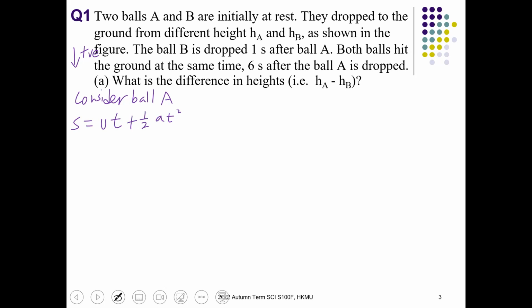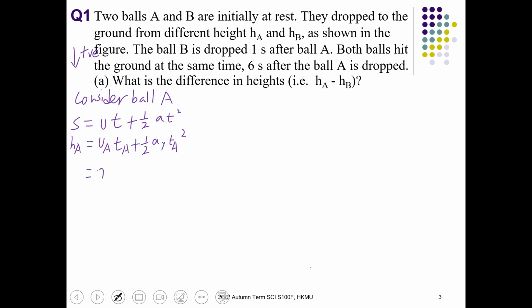If the symbols are tailor-made to our interest, S simply equals H subscript A. For U, this is referring to ball A. For T, this is our TA. We need to find HA.